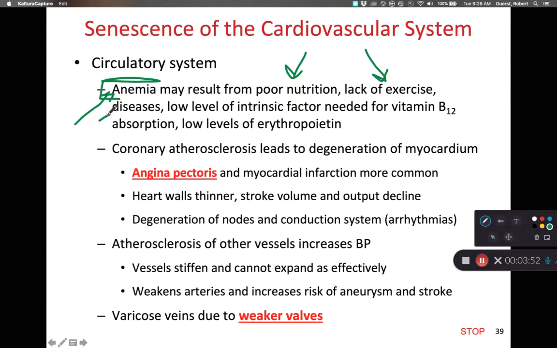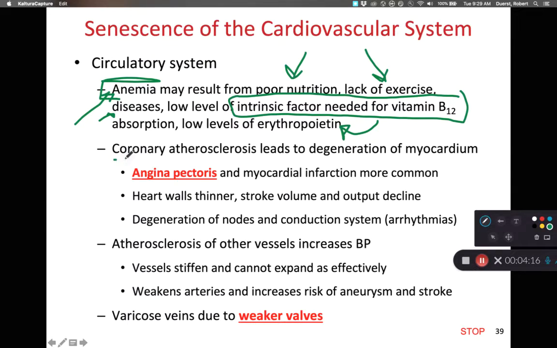There could be disease states initiating anemia, or there can be low amounts of vitamin B12 and the intrinsic factor needed to absorb vitamin B12, or we could have low amounts of erythropoietin. There's lots of different things that could initiate anemia as we age. Thankfully, a lot of those things could be combated with a simple lifestyle adjustment.